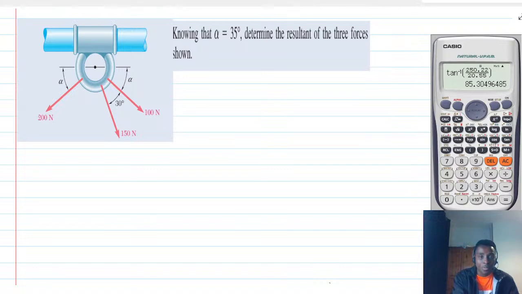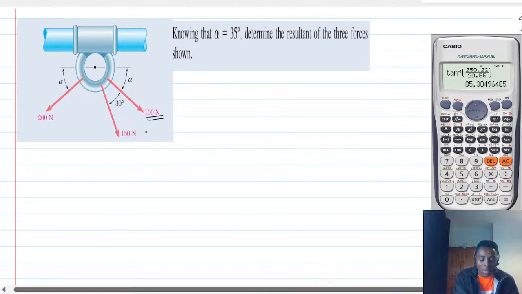So then let's start. We are going to start from the 100 Newton force.